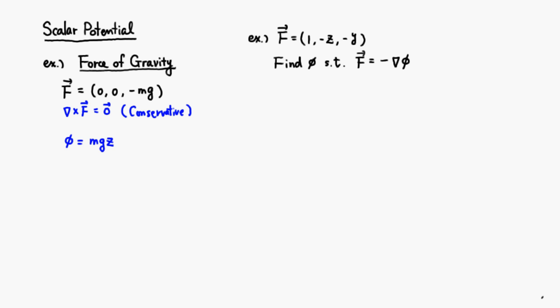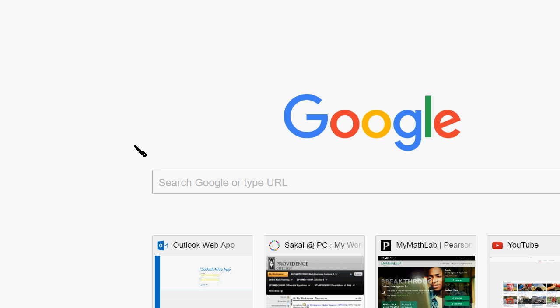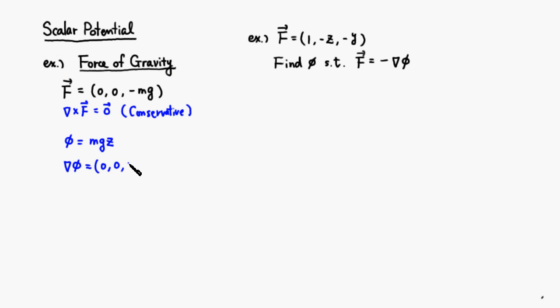If you take the gradient of this phi, you would get the partial with respect to x, which is 0, the partial with respect to y, which is 0, and the partial with respect to z, which is mg. So if you take the gradient of this scalar potential, it's going to be the negative of the original force field.